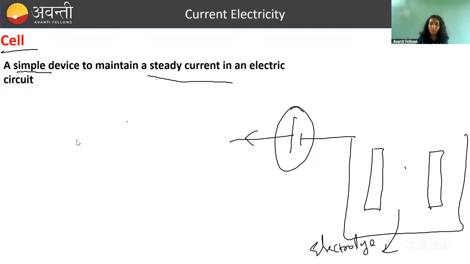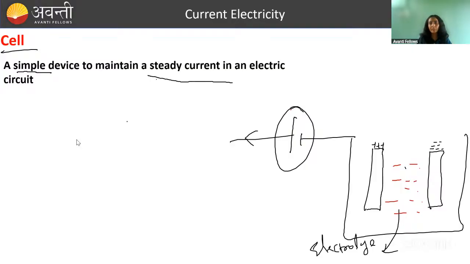And some reaction is happening such that positive charge is accumulating on one electrode, negative charge is accumulating on another electrode. ठीक है, and as this accumulation starts, the potential difference starts getting generated. And also, since charges are traveling through this media, which is electrolyte, it will provide certain resistance to the flow of charges.